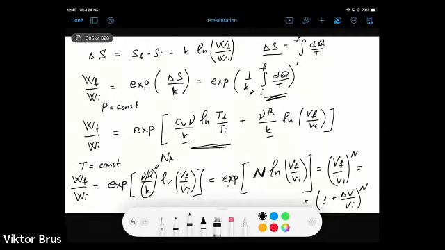So that gives us the ratio between the statistical weights of the final and initial states for an ideal gas under an isothermal process.